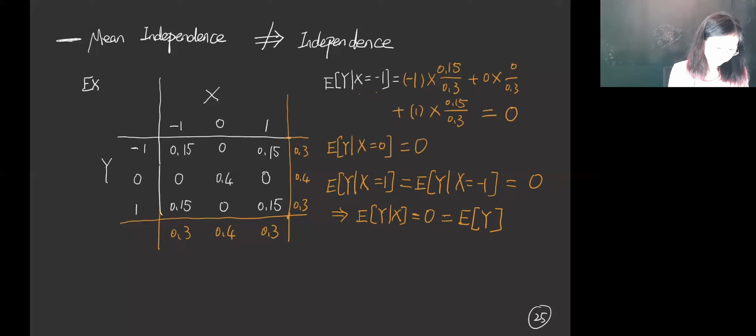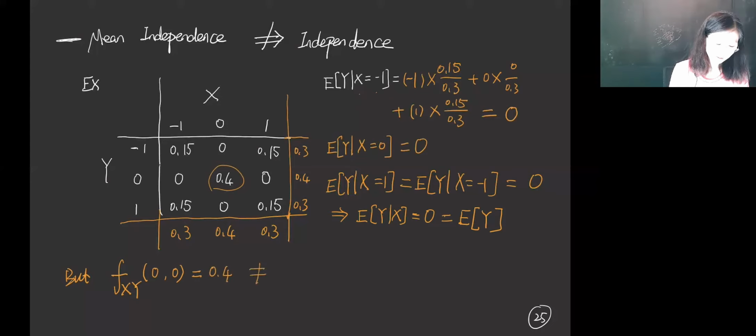But x and y are not statistically independent. It's quite easy to see that. We can simply consider one point, one cell in the joint PMF table, say at the value 0, 0. At that cell, it's this middle cell, the joint probability is 0.4.